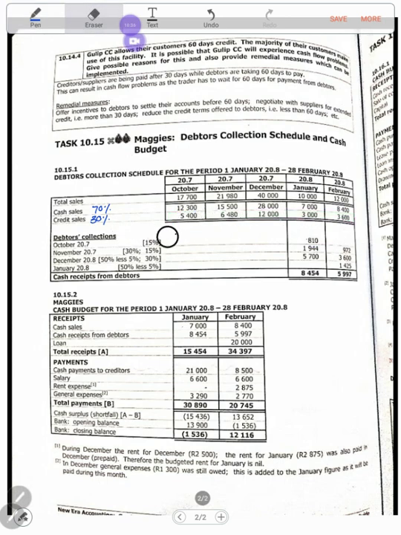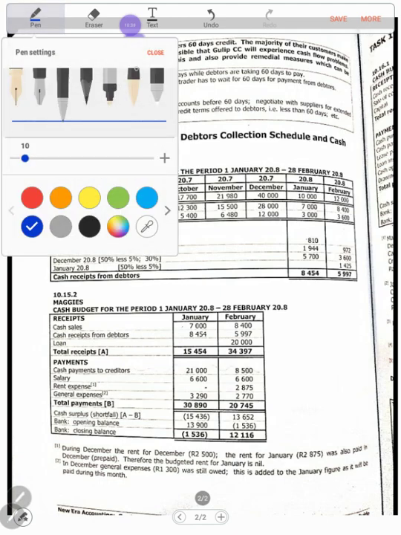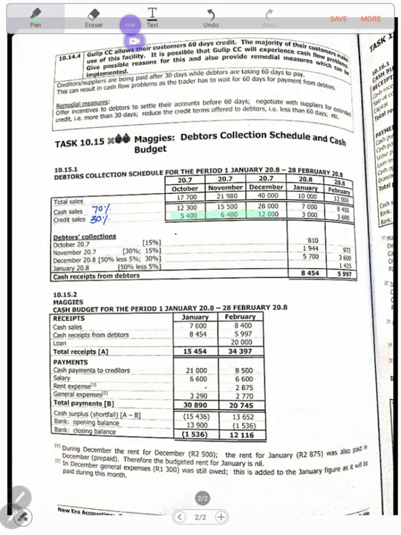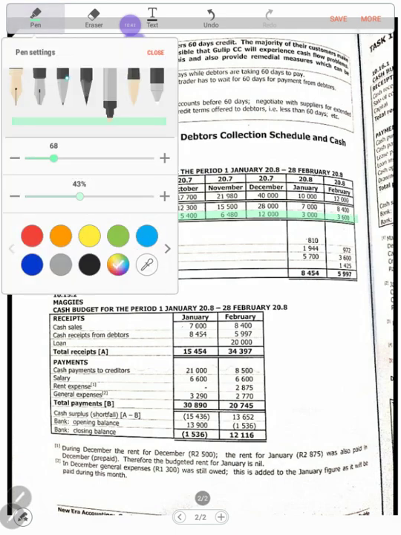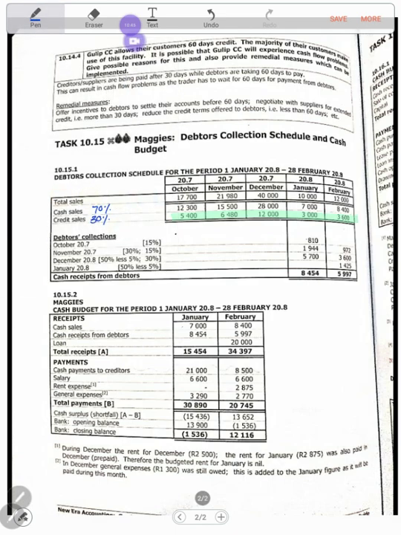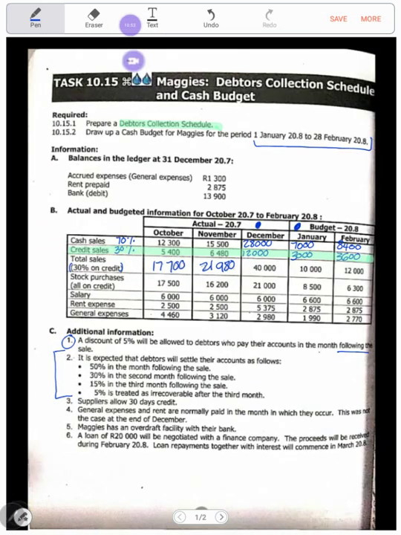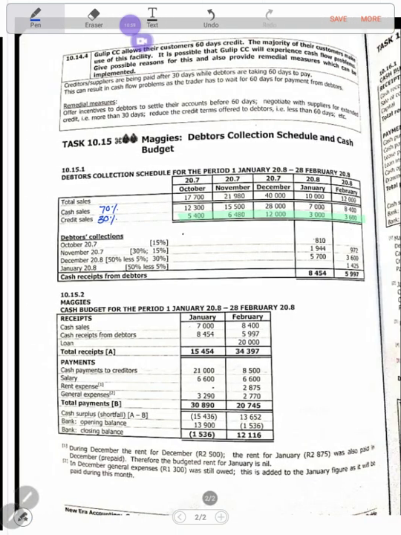Now we're moving on to the November credit sale. The November credit sales was worth 6,400 Rand. Remember, our debtors are expected to pay and settle the accounts as follows. 50% will pay the month following the sale.